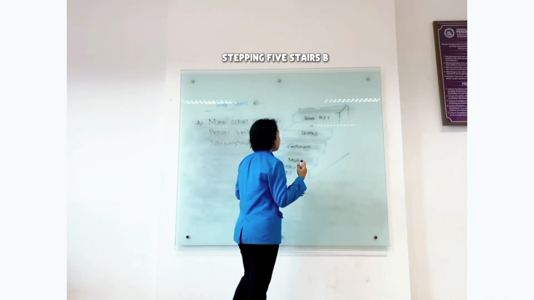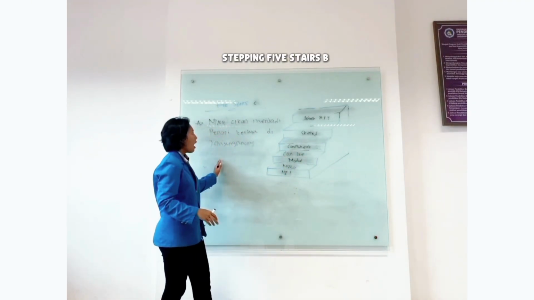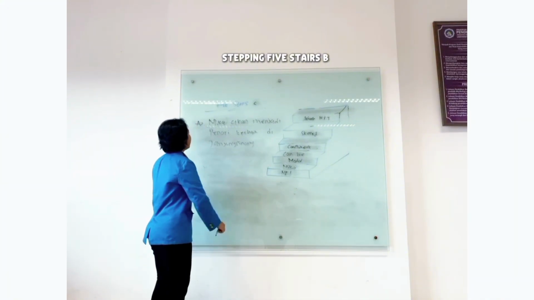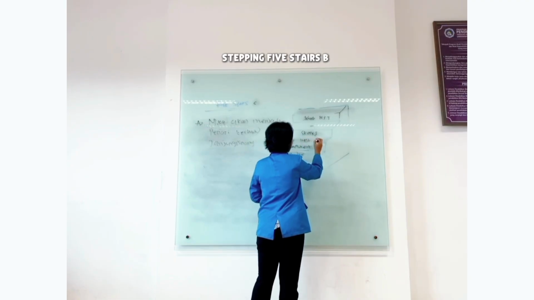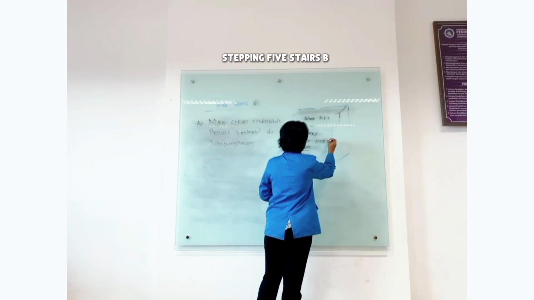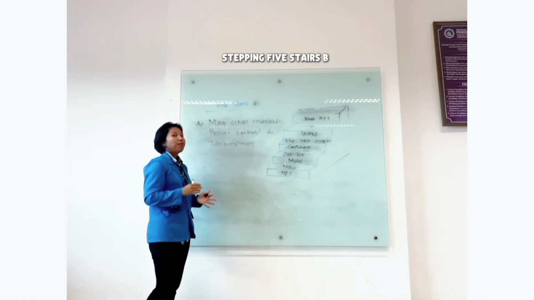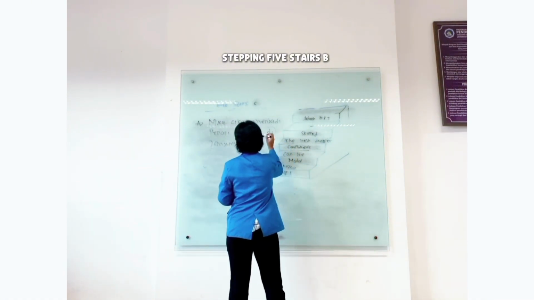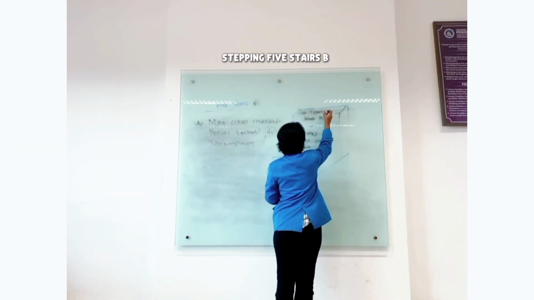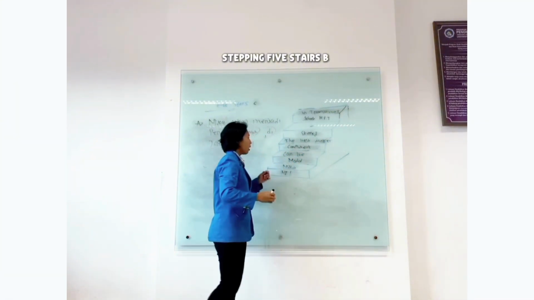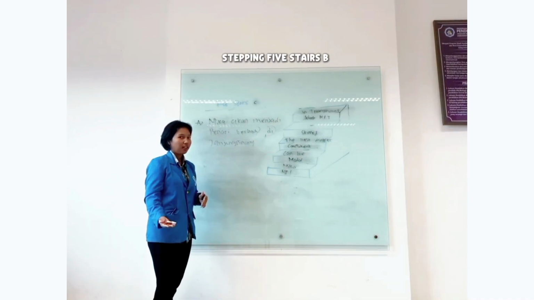So, we can use the modal can be. This sentence has a complement. The complement is penari terbaik, the best dancer. So, this sentence has an adverb of place. Di Tanjung Pinang. In Tanjung Pinang. So, the full sentence is Mika can be the best dancer in Tanjung Pinang.